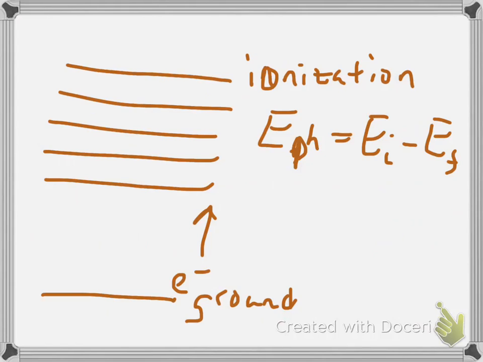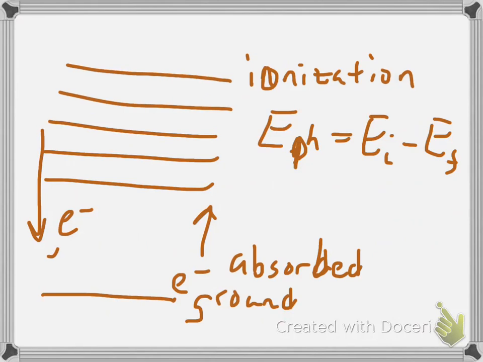If a photon is emitted, so it kicks out a photon, that means that that electron is jumping back down. So this is absorbed, and this is emitted. Same scenario.